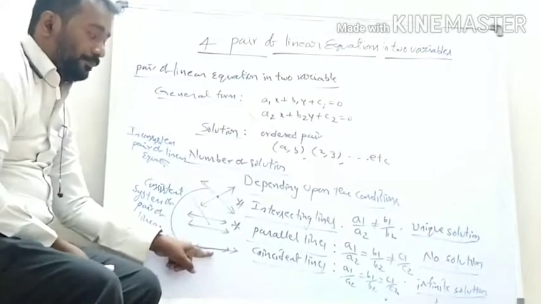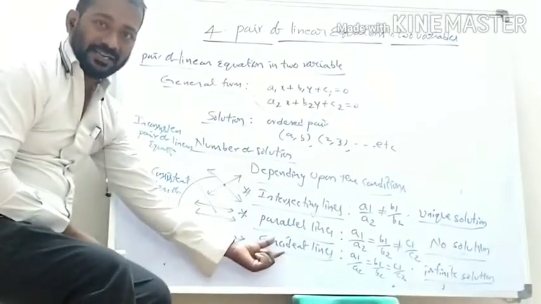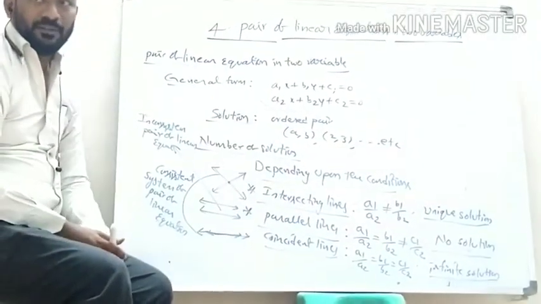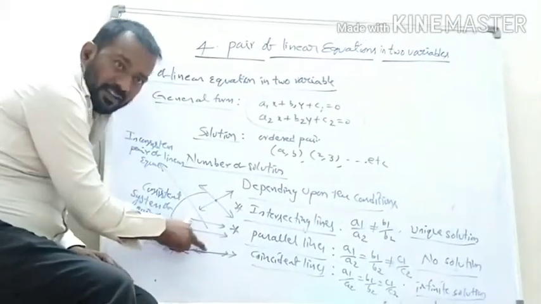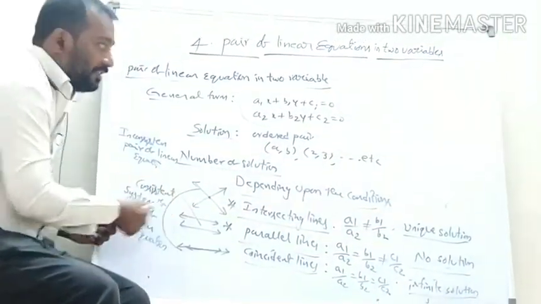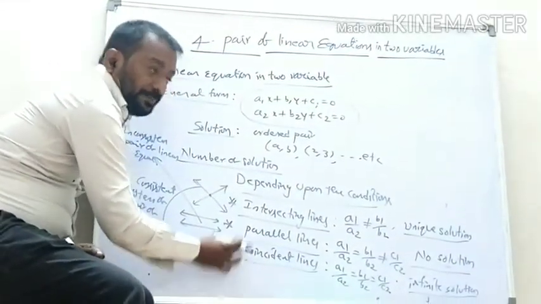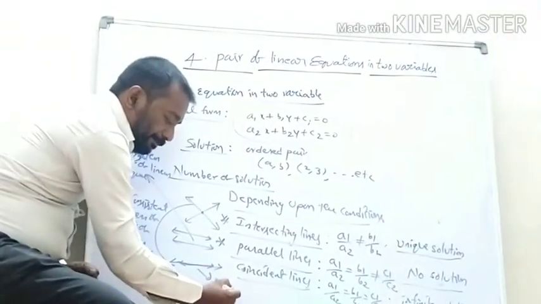The pair of linear equations which are coincident lines is called dependent. See, one is depending on the other. This system is called a dependent system. Whichever pair of linear equations are coincident is called dependent.